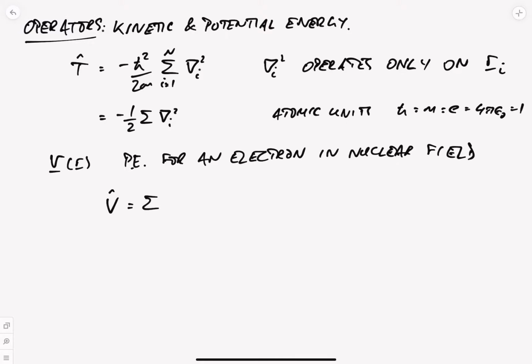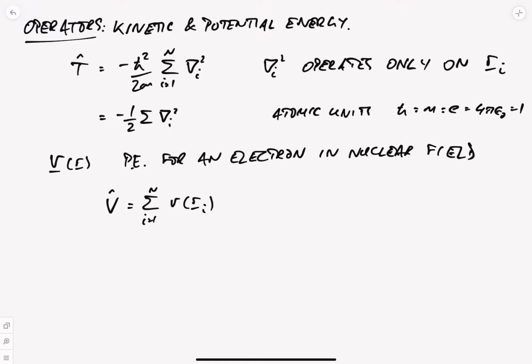It's the sum, again, over i is equal to 1 to n of little v of r_i. Now, if we consider the bare nuclei, then we can just write the potentials in terms of the positions of the nuclei and the positions of the electrons in a simple, obvious way.